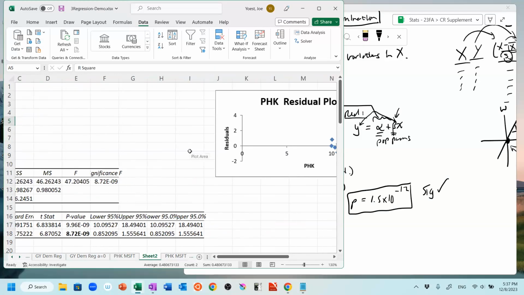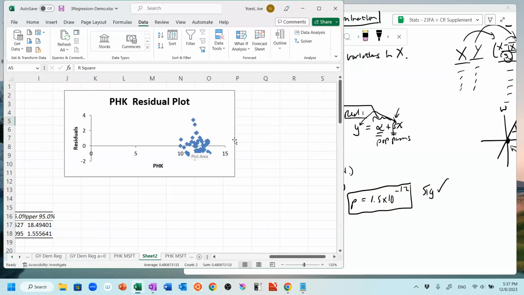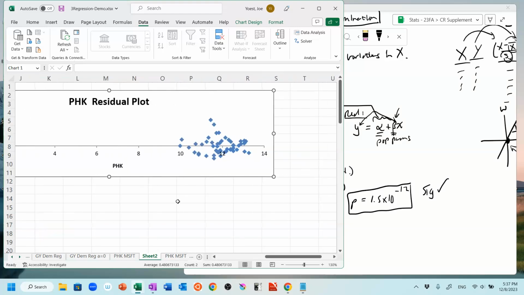Or in other words, my errors, trying to expand this a little bit. There we go. It kind of chose a funky x-axis to plot these on, but my errors or my residuals are kind of evenly distributed across between 10 and 14.